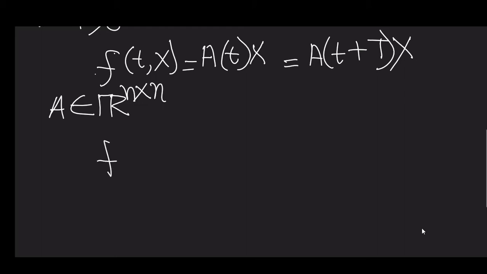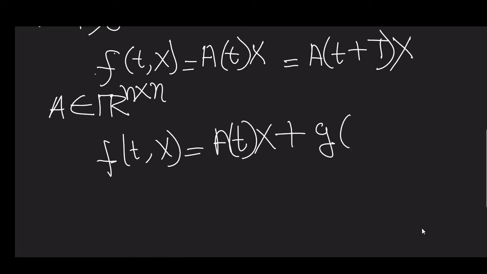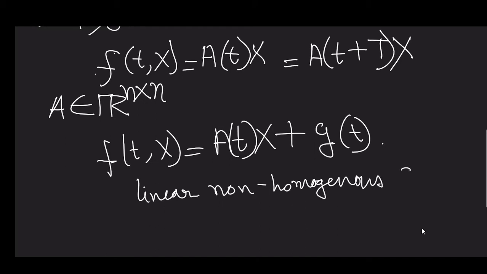In addition, if it becomes with an input term g of t, then it will be a linear non-homogeneous system. And if you have homogeneous and also this g of t is identically 0, then it is a linear autonomous homogeneous system.